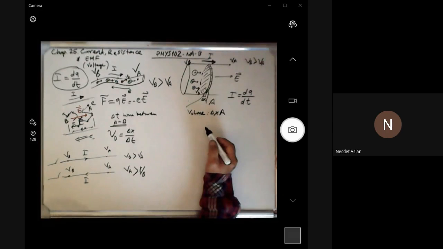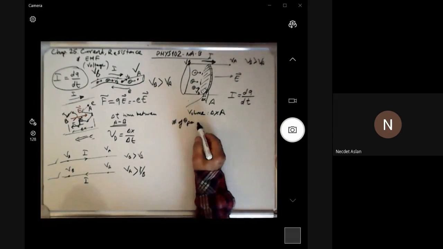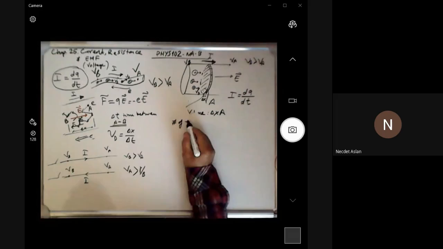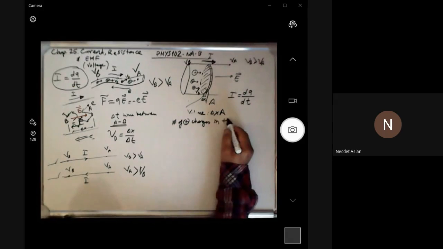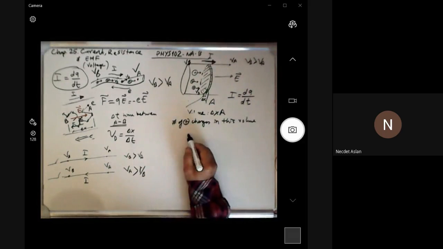But now, what about the number of particles? The number of positive charges in this volume is given as, first let's define the concentration.